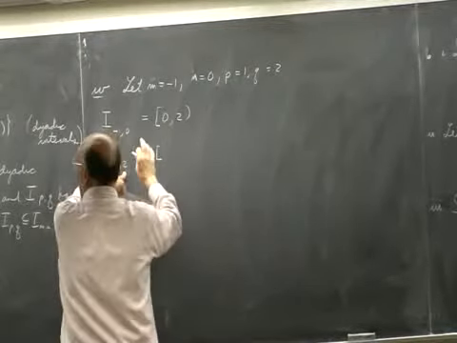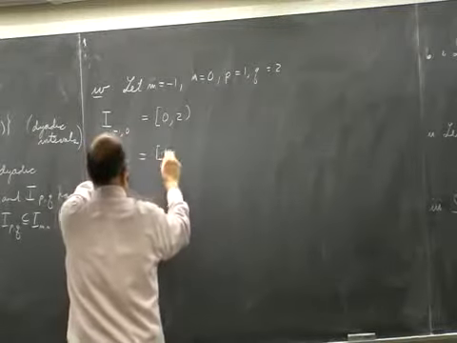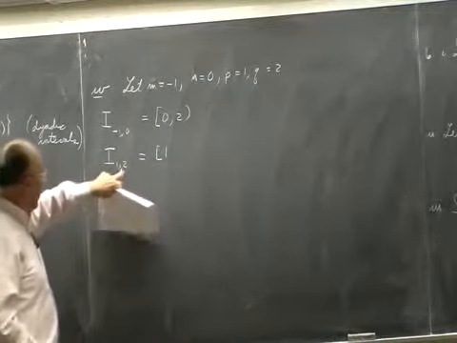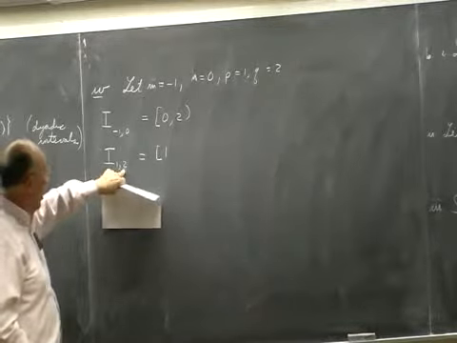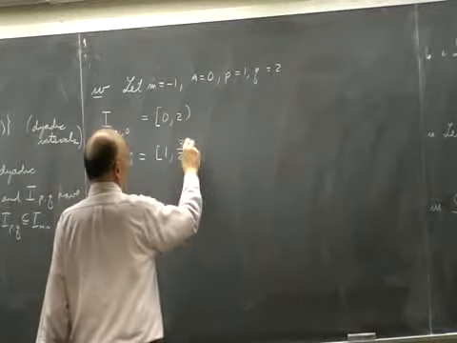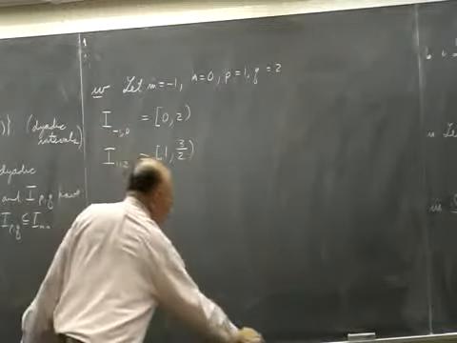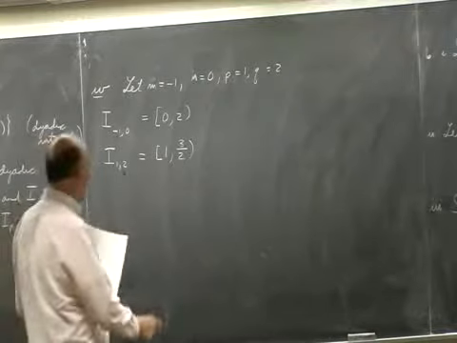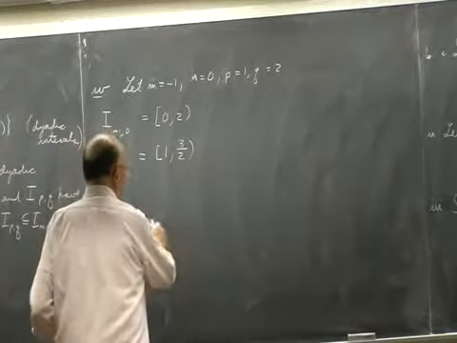Let me mix my m and n. So I have 2 over 2. So it goes from 1. And then n is equal to 2, so it's 2 plus 1 is 3, divided by 2, up to 3 halves. Okay, so those are my sets.